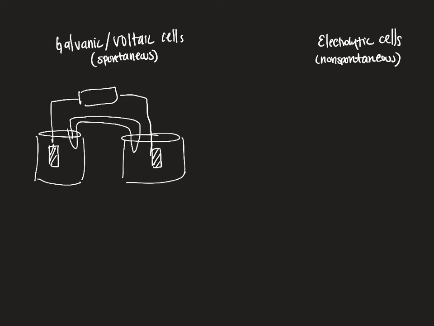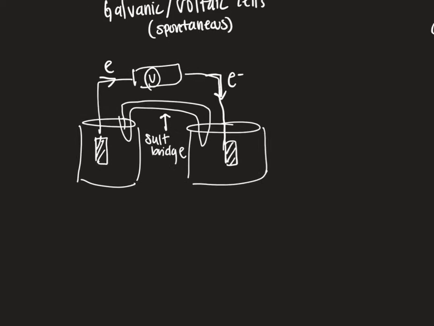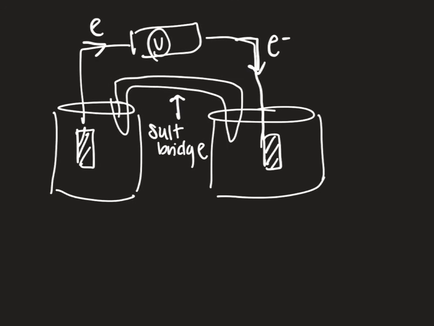So this is your battery or your voltmeter to measure your voltage. Your electrons are flowing. We have something known as a salt bridge. And now let's look into this.